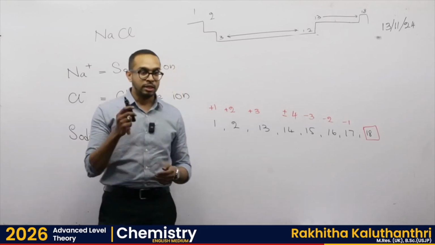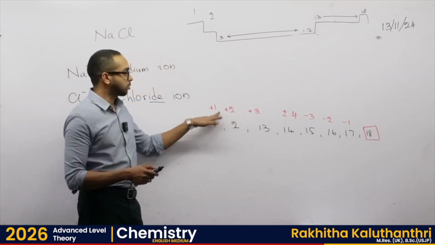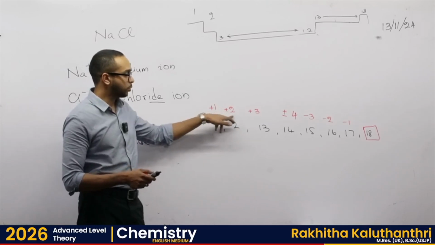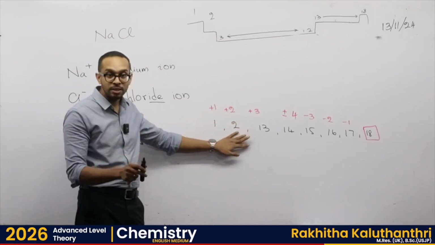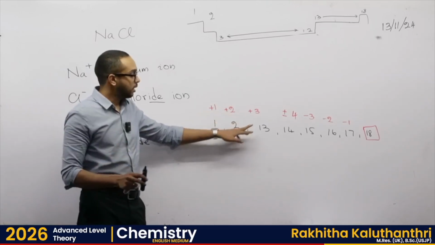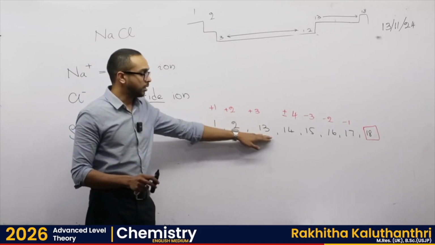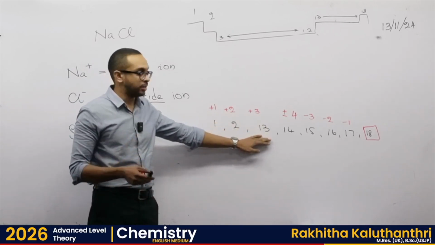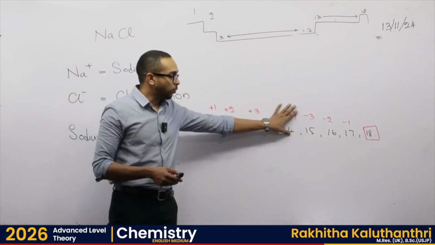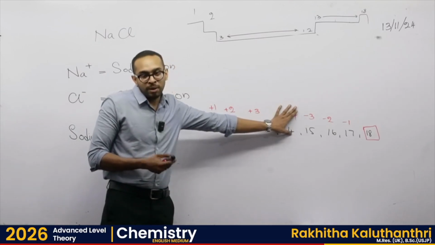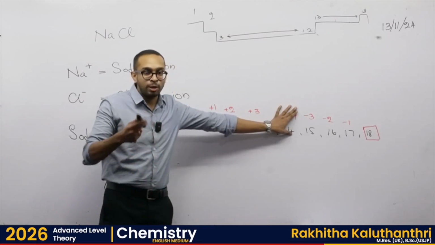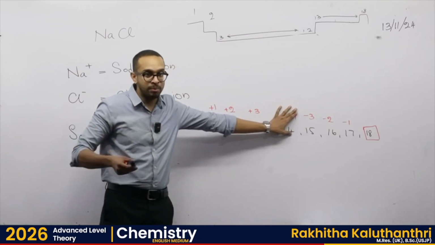So I just want you to see the charges. Group 1 +1, group 2 +2, so that is fixed, that never changes. And then group 13, elements like aluminium form +3 charged ions. Group 14, we can't talk about ions that much because they are more likely to share electrons and form covalent compounds.